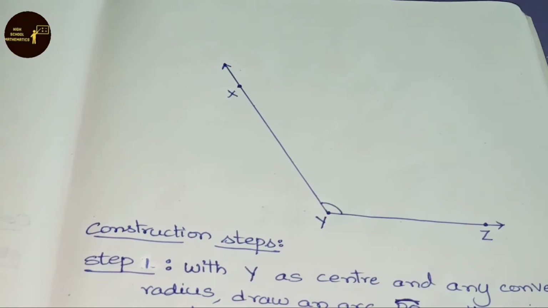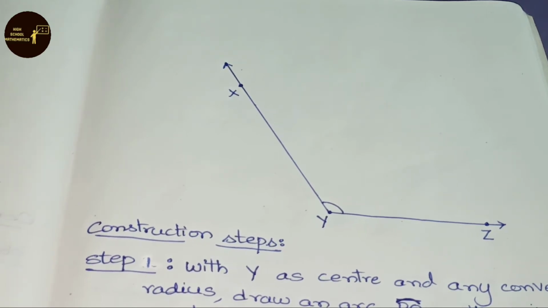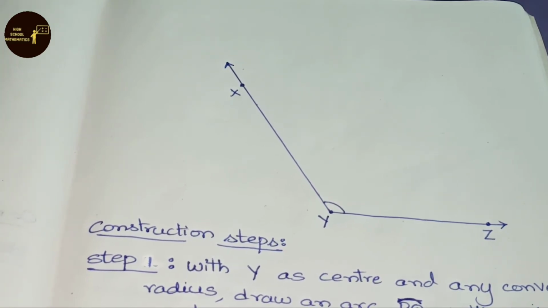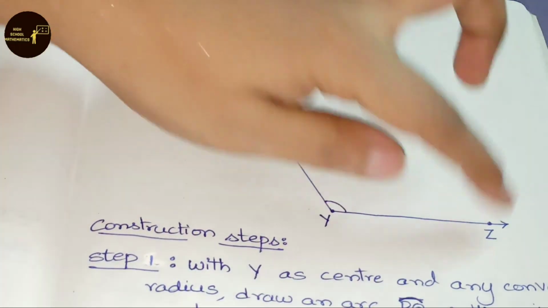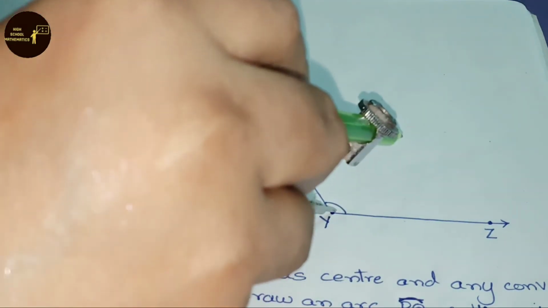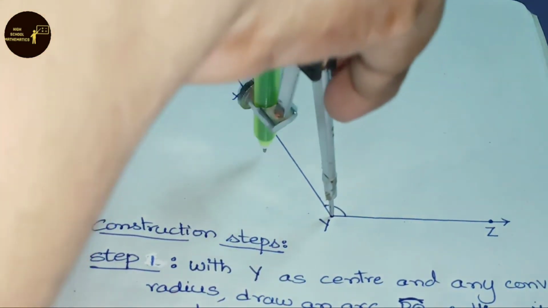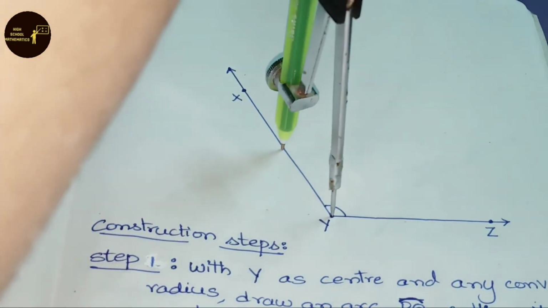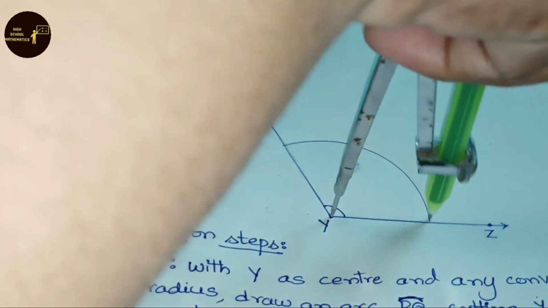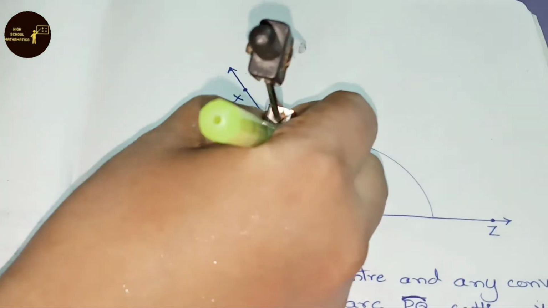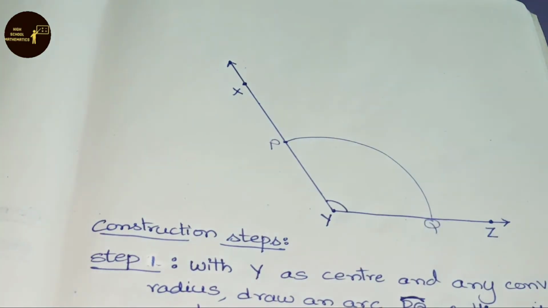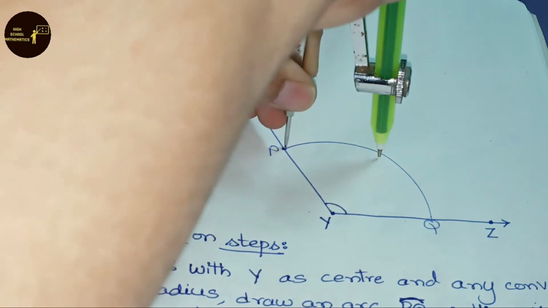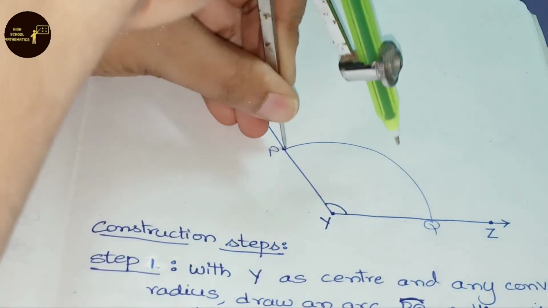See now third sum we have copied. Now with Y as center and convenient radius, we are going to draw an arc PQ cutting YX and YZ. Now let these points be P and Q. Now with more than half radius of PQ, we are going to draw arcs.